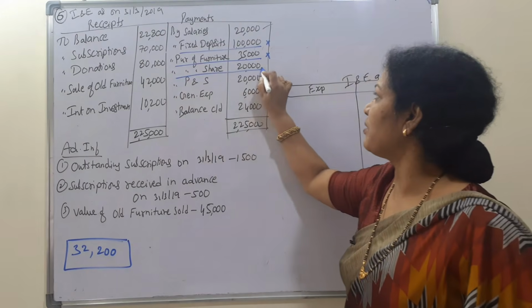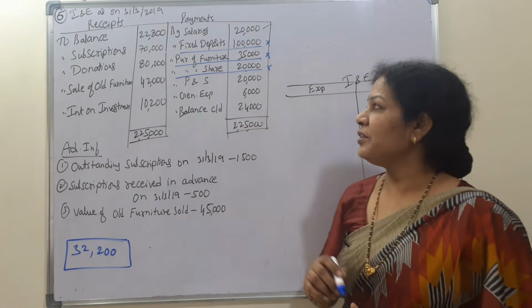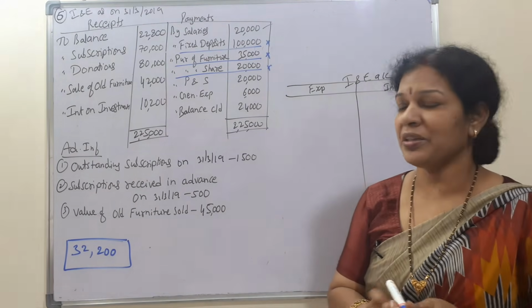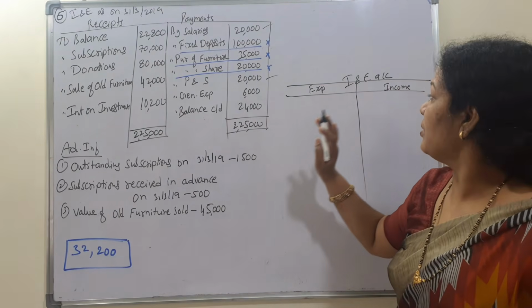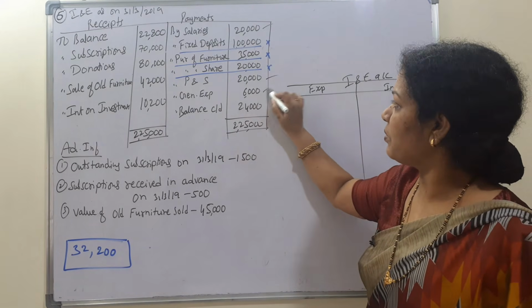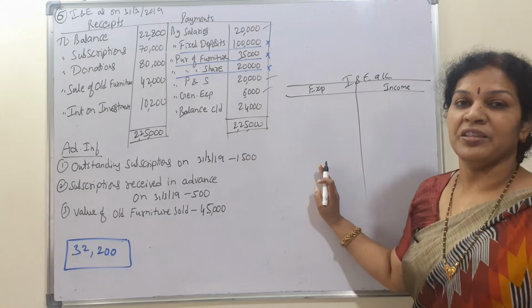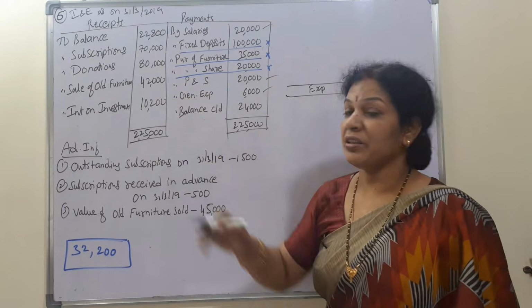This is also a balance sheet asset. Next, printing and stationery. We are going to consider it on the debit side of the income and expenditure account. General expense also we are going to consider as expenses. That's all. Now coming to the receipt side.